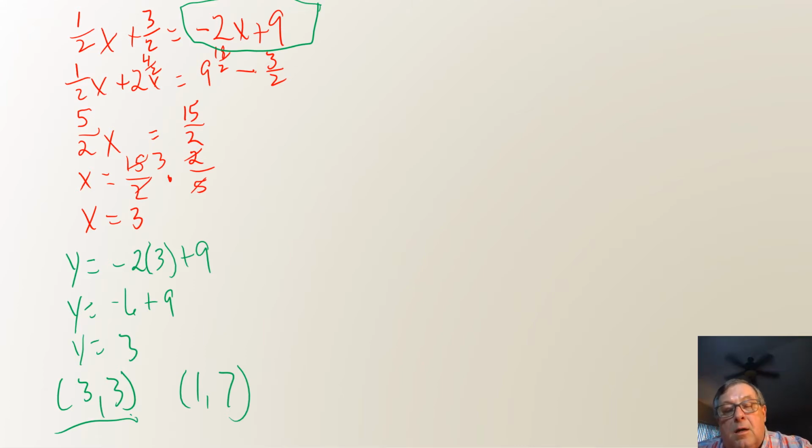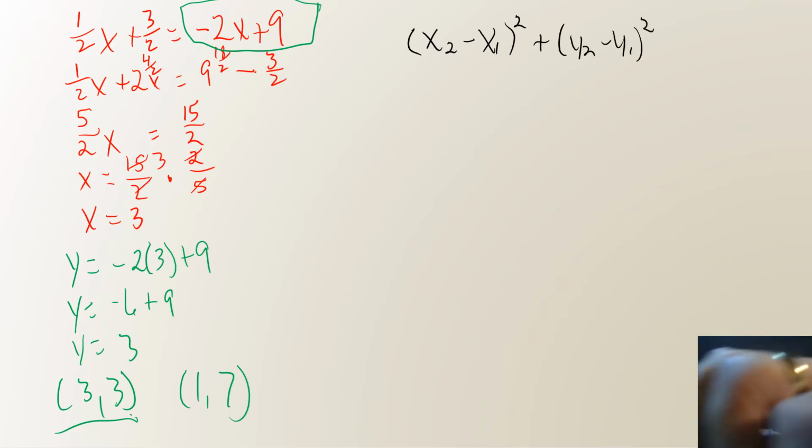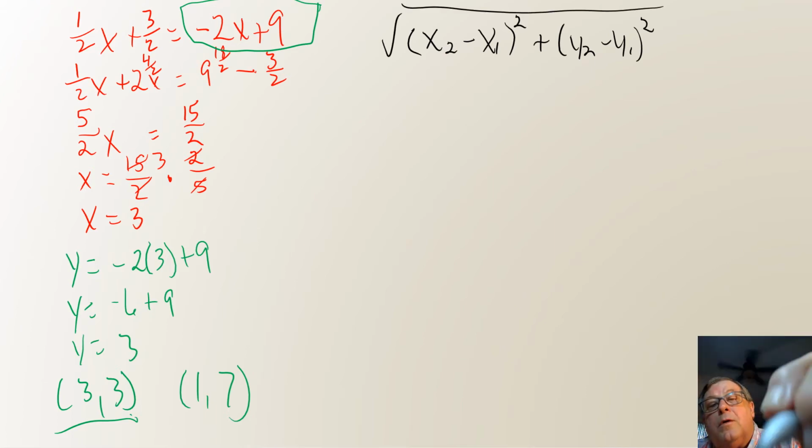All right, so let's go here. Now I need to use the distance formula. The distance formula, if you recall, is the square root of x2 minus x1 squared plus y2 minus y1 squared. So let's begin to plug in what we have.